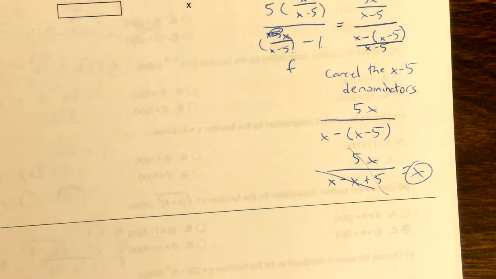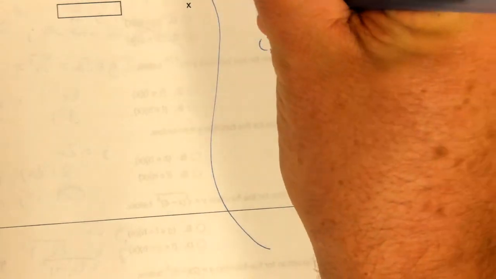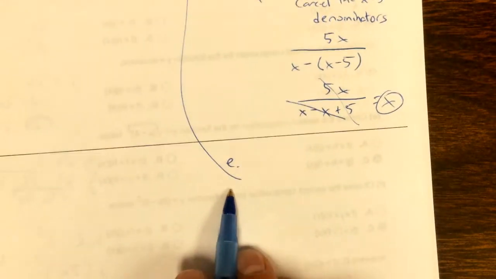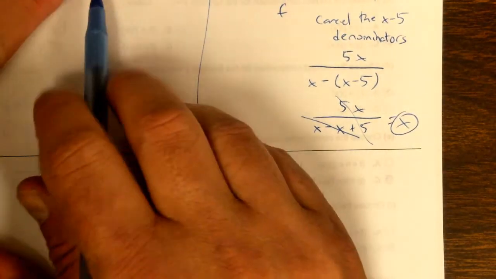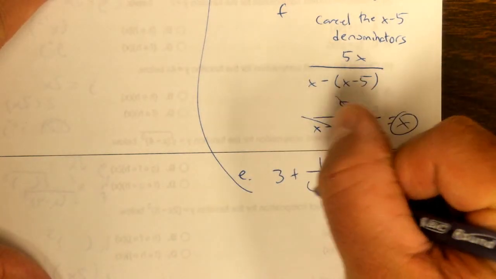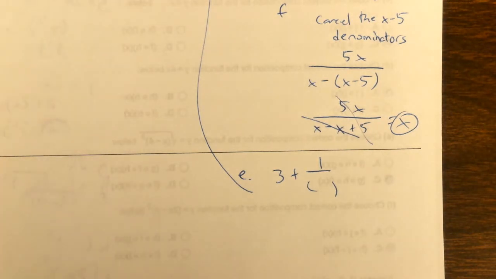All right, so now let's do E. Okay, this was D, this is E. On E, we start writing 3 plus 1 over something, and we want to end up just getting x.